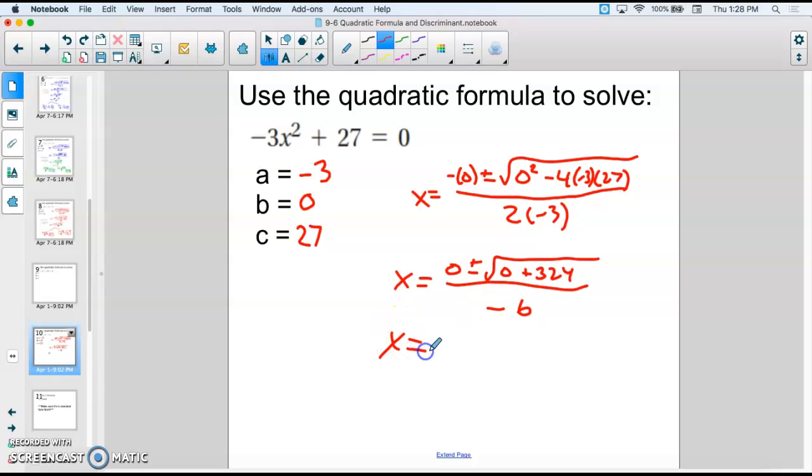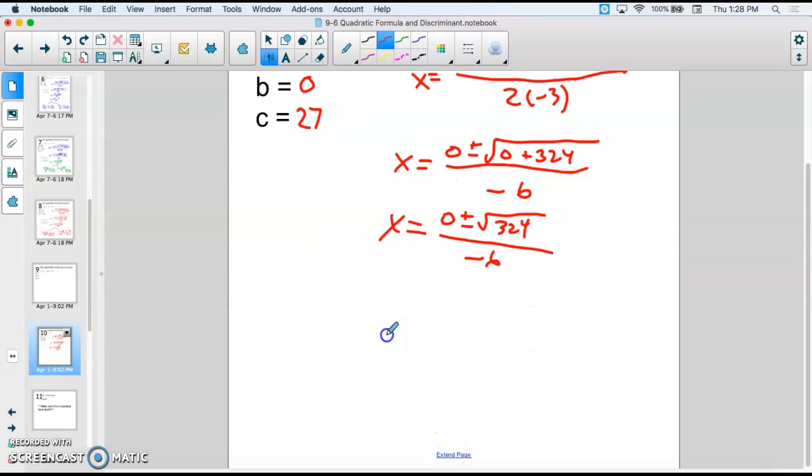Okay, we keep working here. 0 plus or minus the square root of 324 over negative 6. Now, I wonder if the square root of 324 is a nice number. And it is. It's 18, actually. And so here we have x equals 0 plus or minus 18 divided by negative 6.